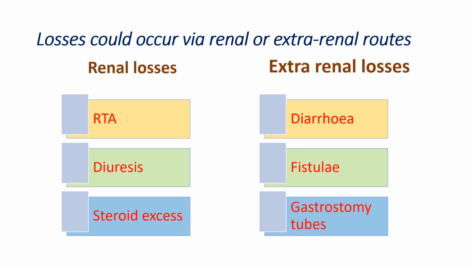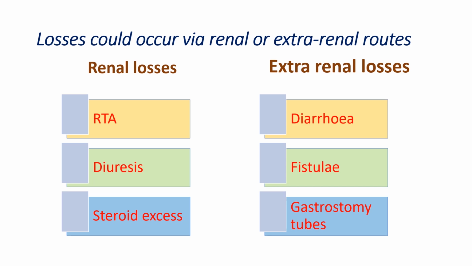Lastly, on renal causes is steroid excess. Steroids generally behave like aldosterone when they are present in a very large amount. And in such situations, they are able to stimulate the reabsorption of sodium in exchange for potassium, thereby leading to hypokalemia.